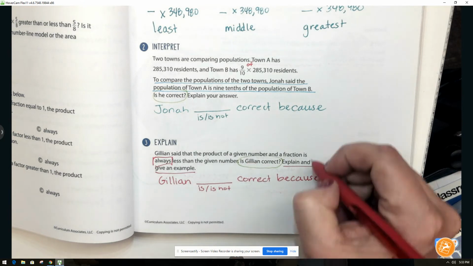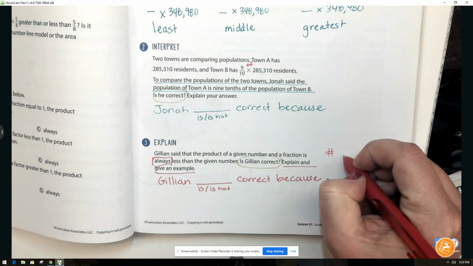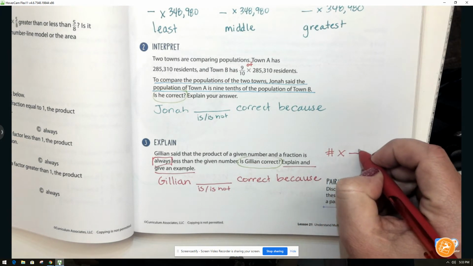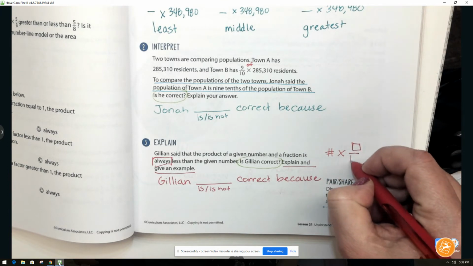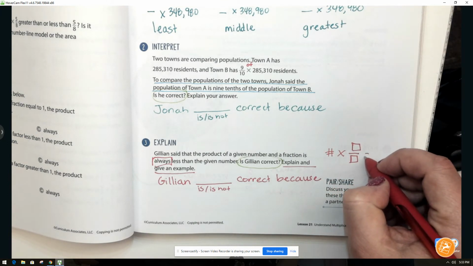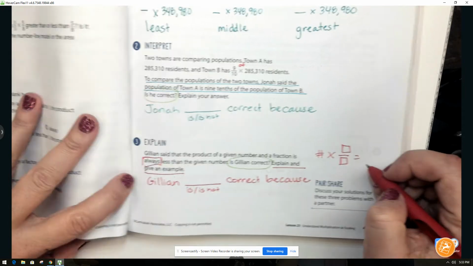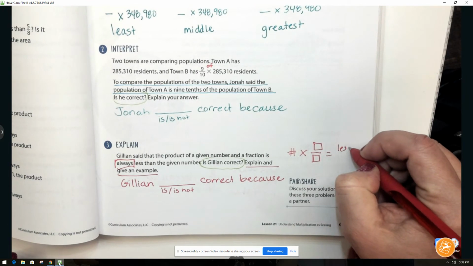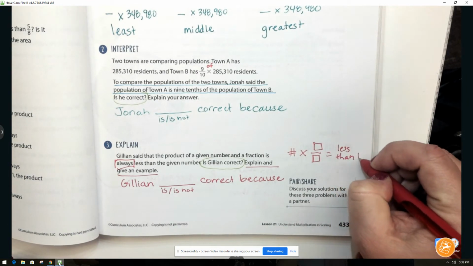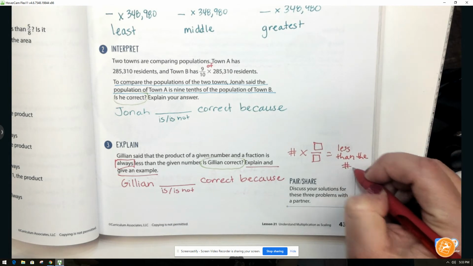So if you multiply any number times any fraction, she's saying that the answer will always be less than the number.